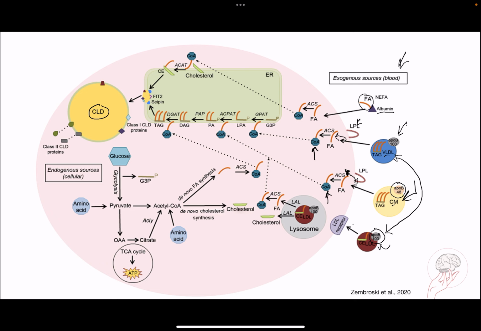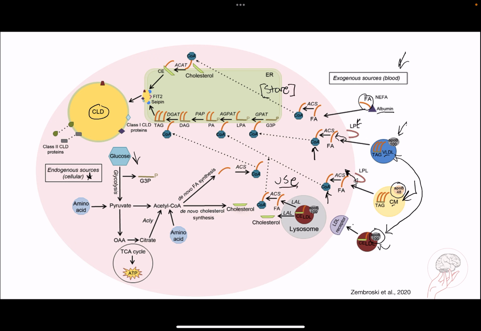So we have two things. Depending on how much we have consumed, we can either store or we can use. If we have enough exogenous sources of glucose, we don't need to use this. We need to store it.